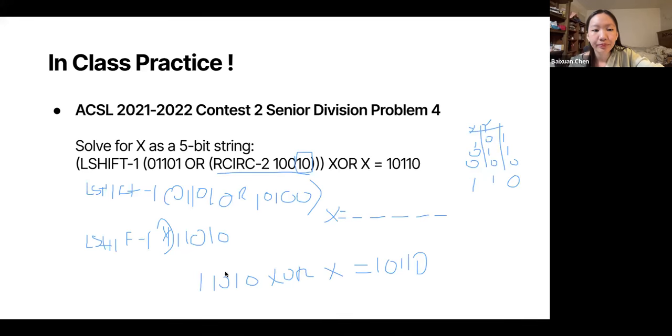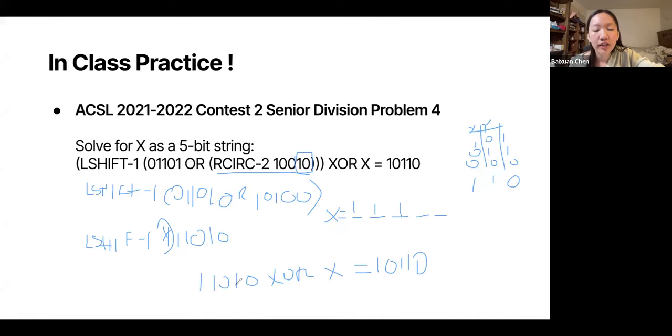Because it has to be exclusively the opposite of 1. Okay, and then 1 exclusive OR something is equal to 0. So it has to be a 1, because if it was 0, then it would equal 1. And then 0 exclusive OR the third digit is equal to 1. So this one is also 1, according to the table.